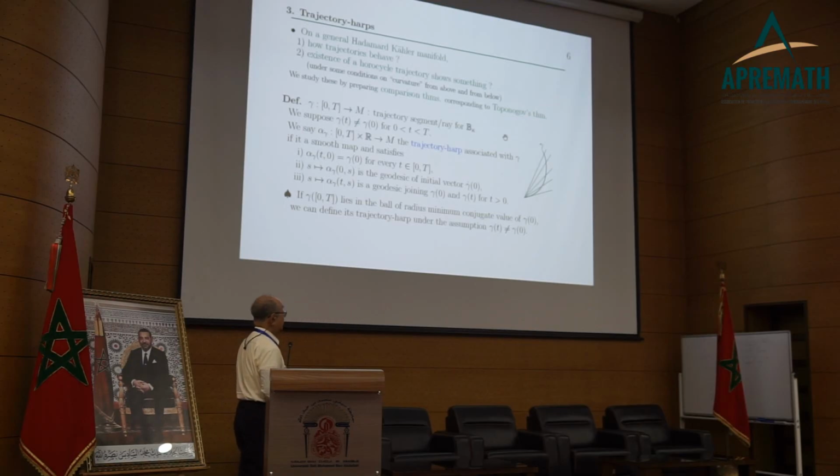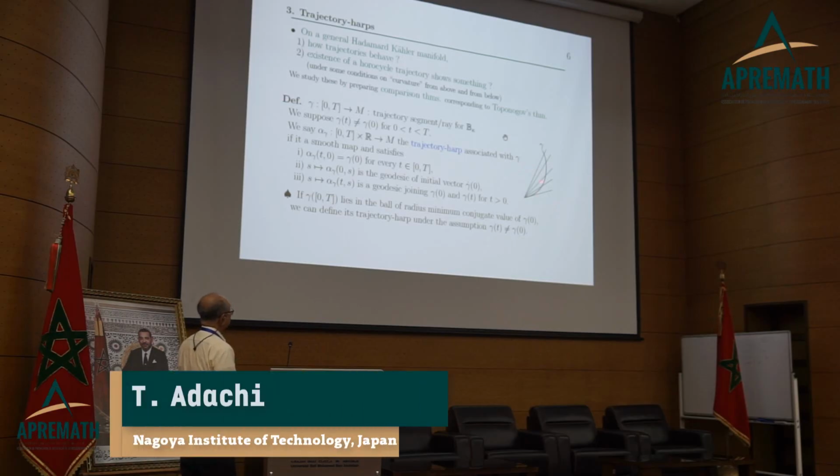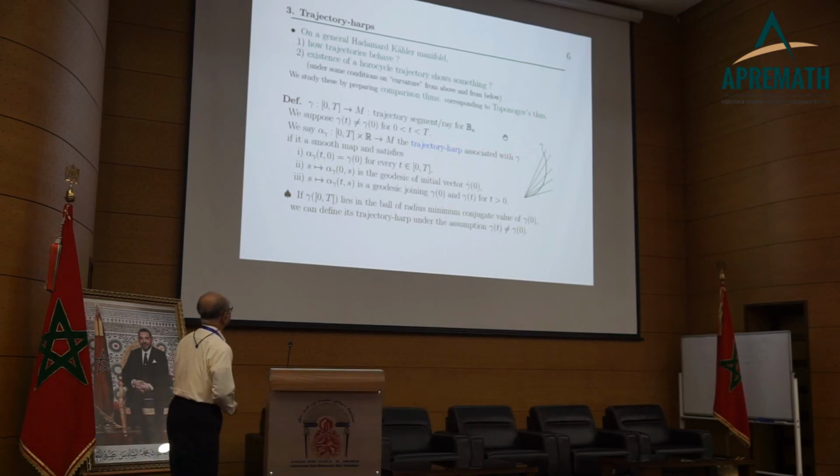As a correspondence of geodesic triangles, we use trajectories and geodesics. Let gamma be a trajectory segment or ray for a Kähler magnetic field. We suppose gamma t does not come back to the origin. We say a variation of geodesics is a trajectory half associated with gamma if it is a smooth map and satisfies these three conditions.